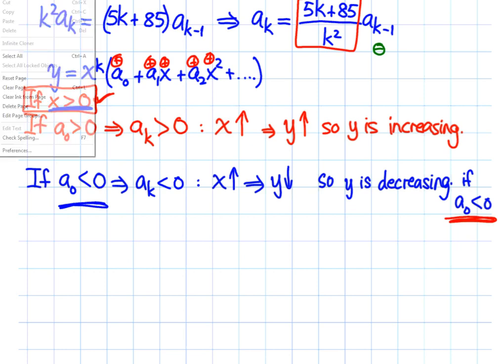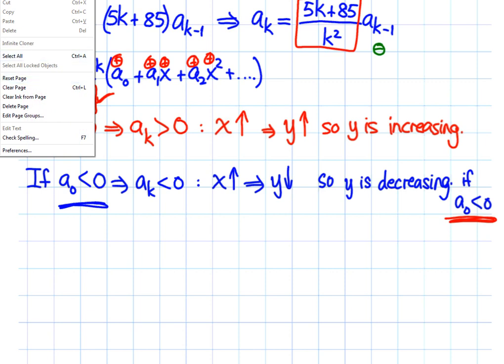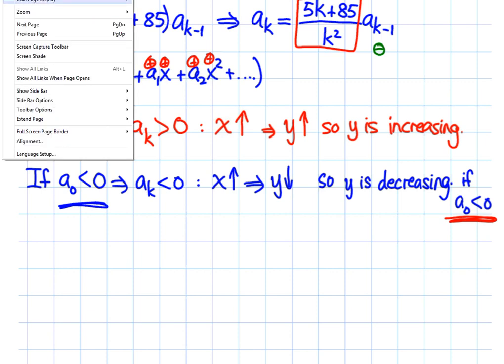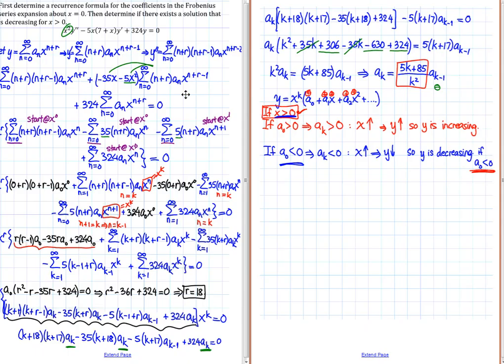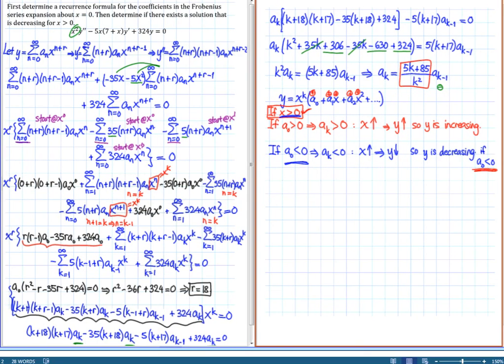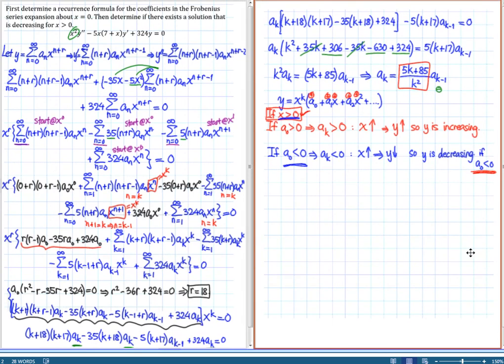Let me zoom out and see the whole problem. To standard Frobenius method. So we rewrite everything, the series.